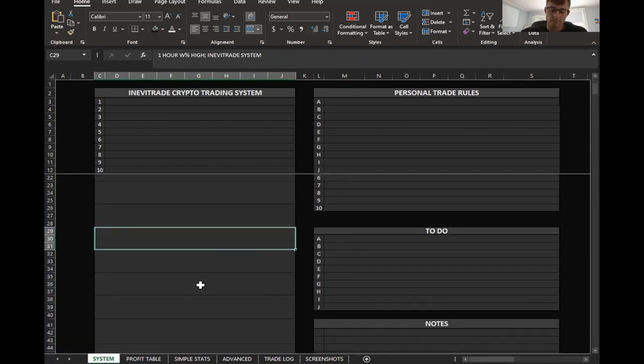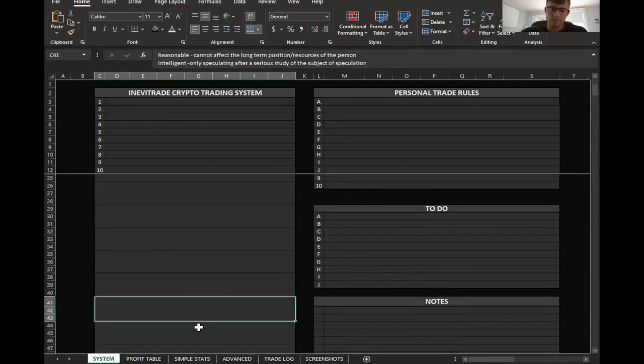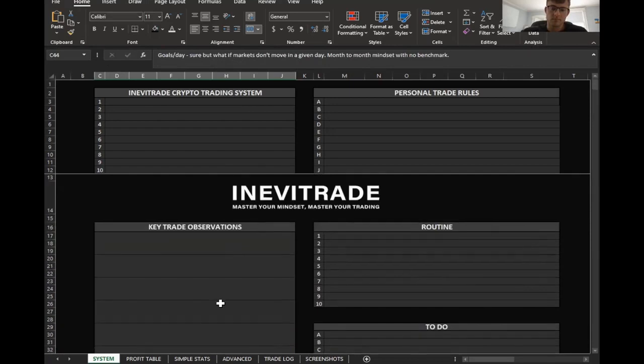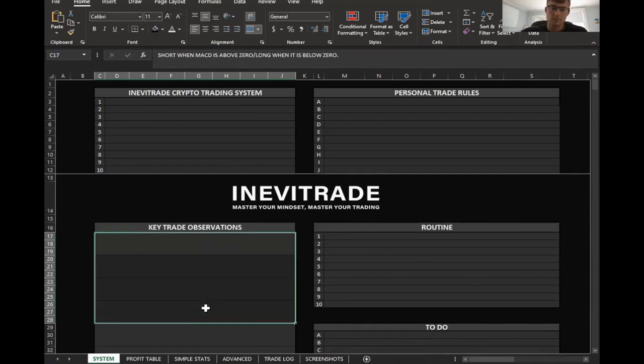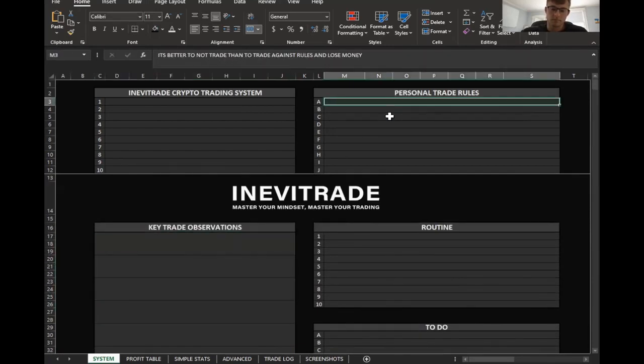It's a great place to log how you're feeling, what you're thinking, what you're seeing. Eventually some of those trade observations might become personal trade rules.